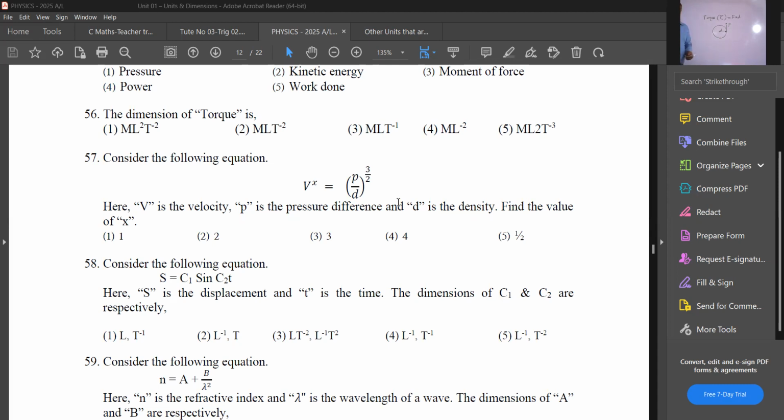You can simply replace the dimensions of V, pressure and density. Then you can get the value of X. In here, V is L T minus 1.